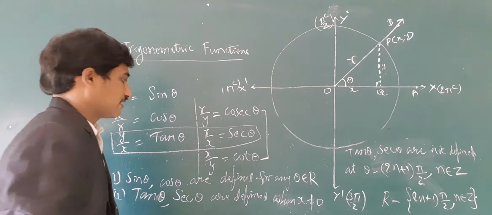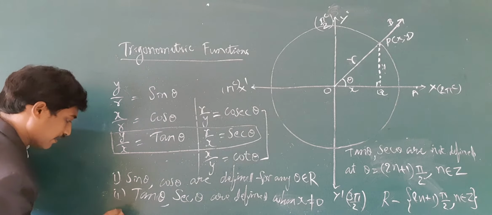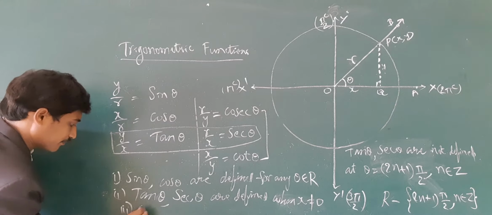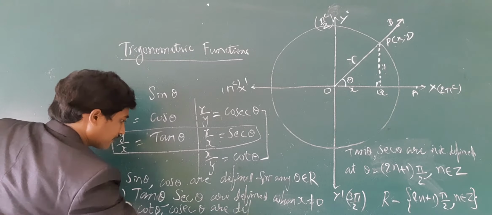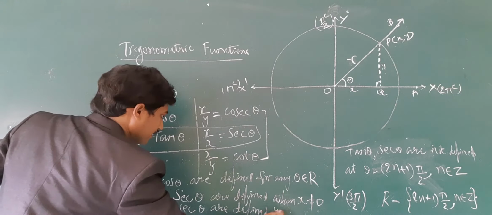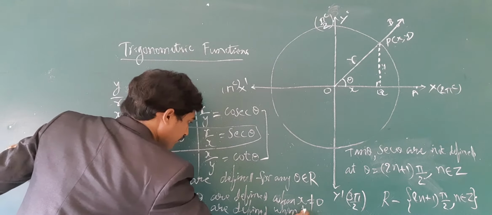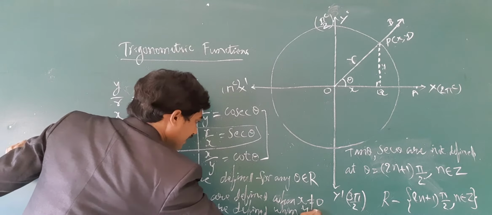We can write that cot theta and cosecant theta are defined only when y is not equal to 0.